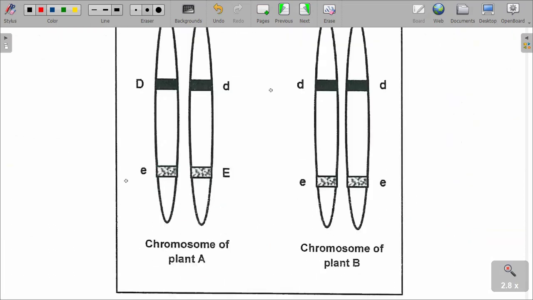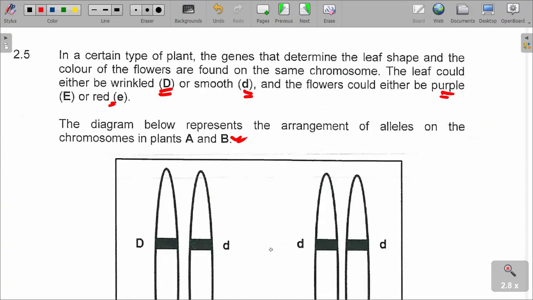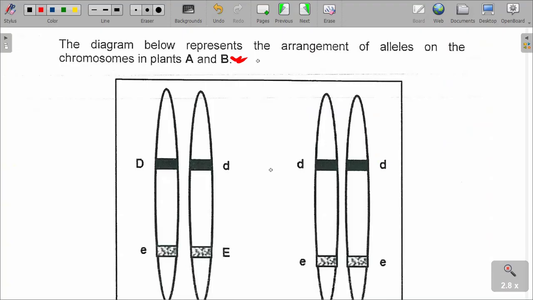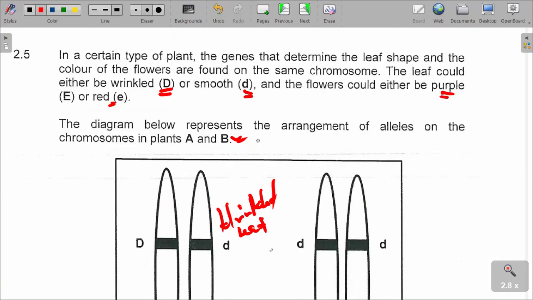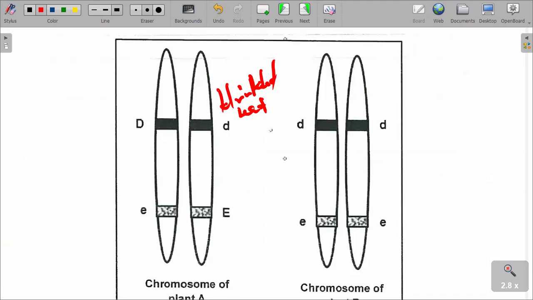So now, chromosome plant A, we are given that the leaf is what? This we can say is wrinkled leaf. This is a wrinkled leaf, and then also it's a wrinkled leaf versus purple flowers. And purple flowers. This is because we have got a dominant E there and a dominant D there.